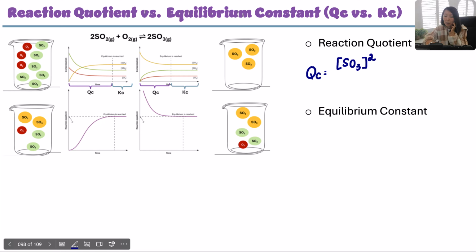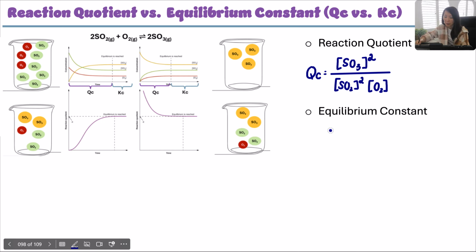That second power is coming from the coefficient of the balanced equation, all over the SO2 to the second power and then O2. Now, I can't put a 1 there. It's to the 1 power since the coefficient in the balanced equation is a 1, but I'm not going to put it.